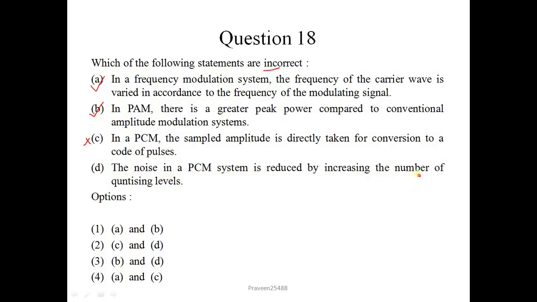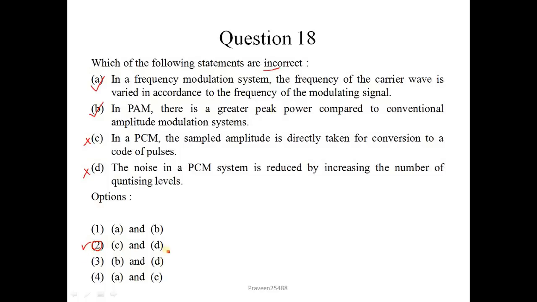As we know, the signal to quantization noise ratio is directly proportional to the number of bits in quantization. So this statement is also incorrect. So the correct option is second, where C and D are incorrect.